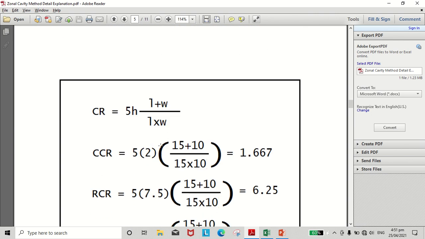In this case, calculate the cavity ratio, then substitute the values.